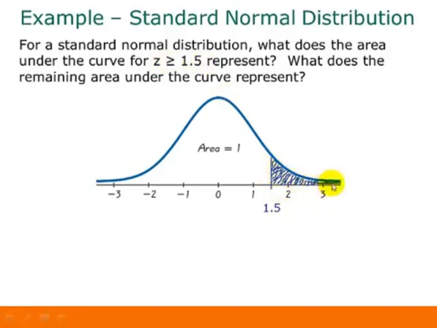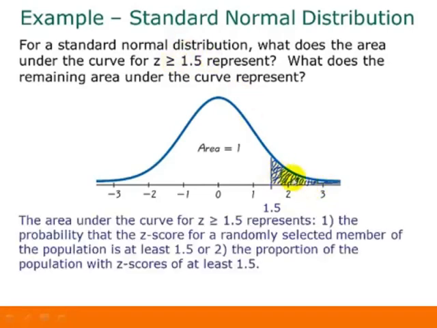You're going to be shading in the same direction as your inequality points. So this area that we've got shaded represents the probability that the z-score for a randomly selected member of the population is at least 1.5, or another way to think of it is it's the proportion of the population with z-scores of at least 1.5.